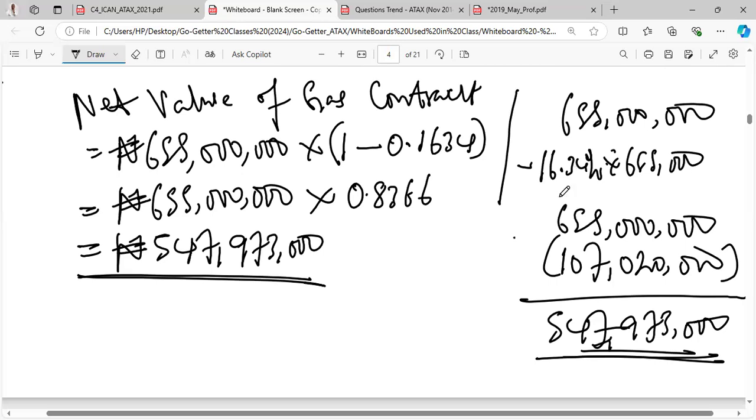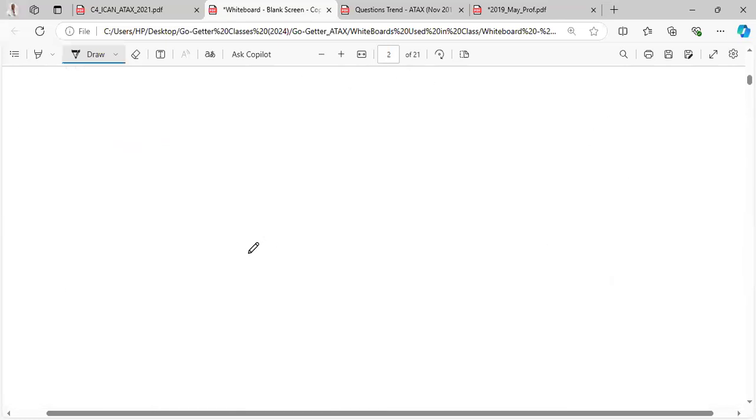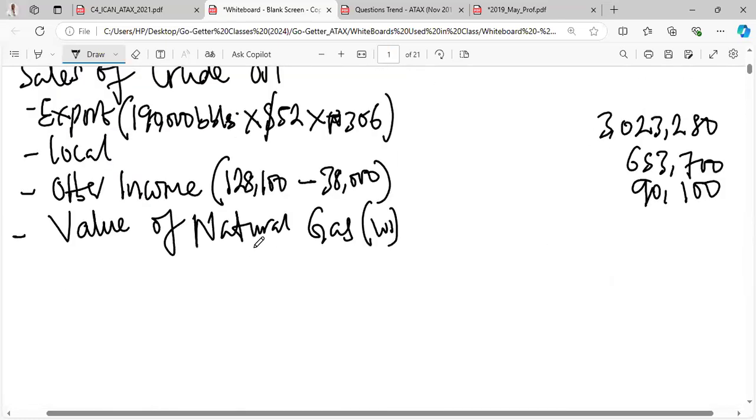So 547,973. Of course, there are 3 zeros up, so that's why we leave it like this. So this is your value of natural gas.